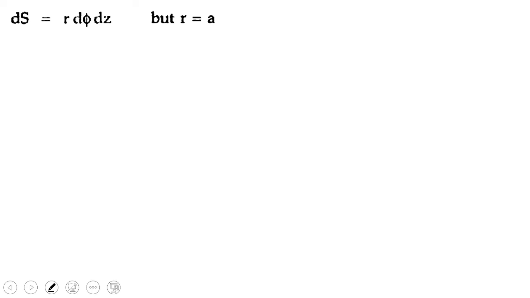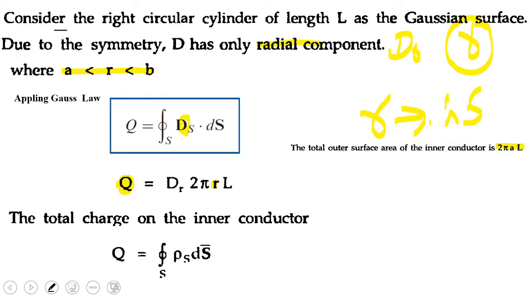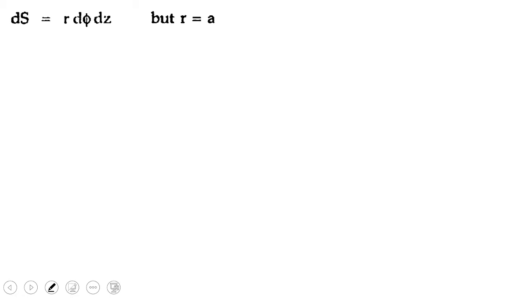In this equation, dS will be equal to r d phi dz, because we are taking along the a_r direction, the radial direction, which has only the radial component. But r is equal to a, so dS will be equal to a d phi dz.